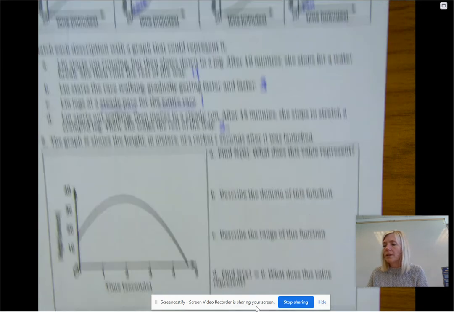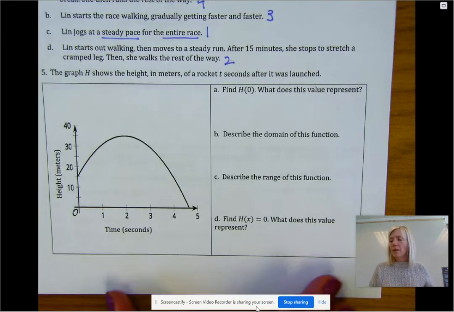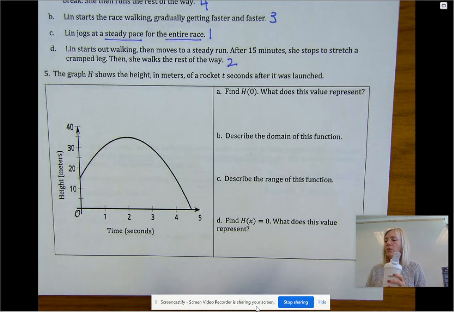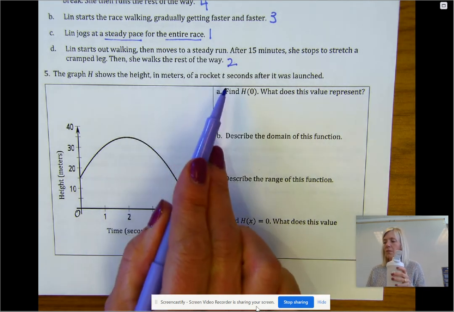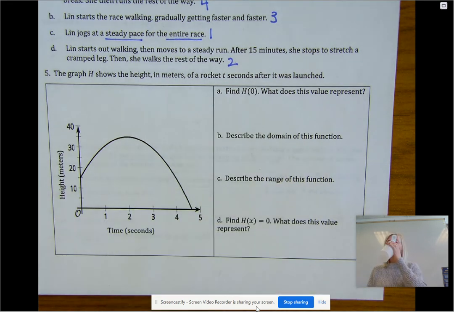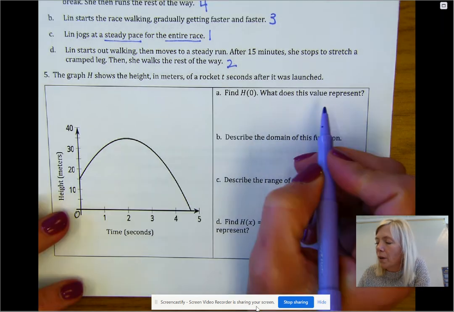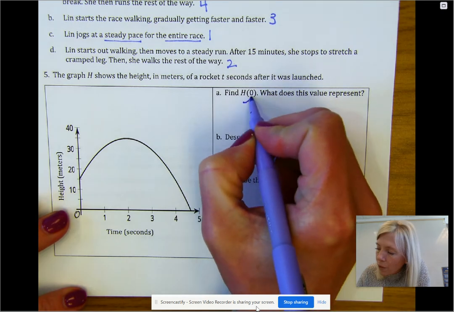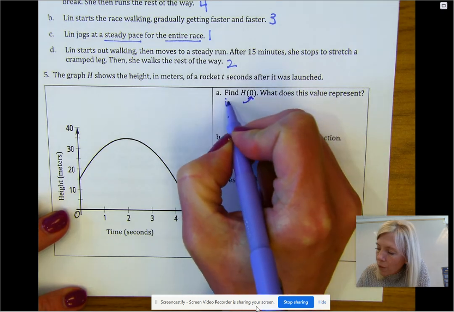Okay, and finally, number 5, the last problem on the assignment, says graph 8 shows the height in meters of a rocket t seconds after it was launched. So another rocket graph. Find h of 0 and what does this value represent? So the 0 is the input.